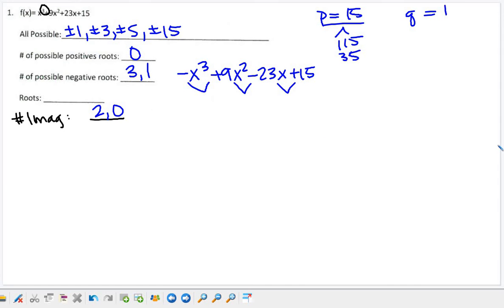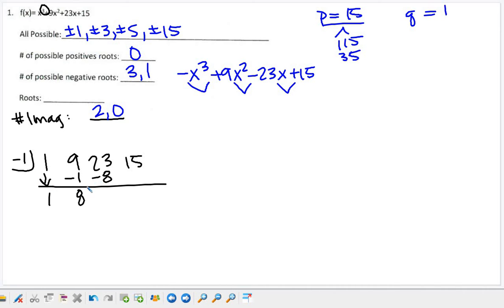So then we start the guess and check process. So I'm going to do negative 1. So 3, 2, 1, constant. Now when we start with a third degree, that means this is a second degree.